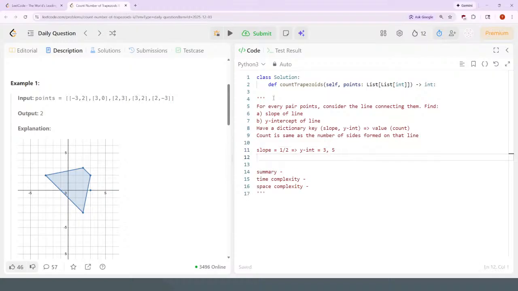For the y-intercept of 3, there's maybe 2 pairs of points.